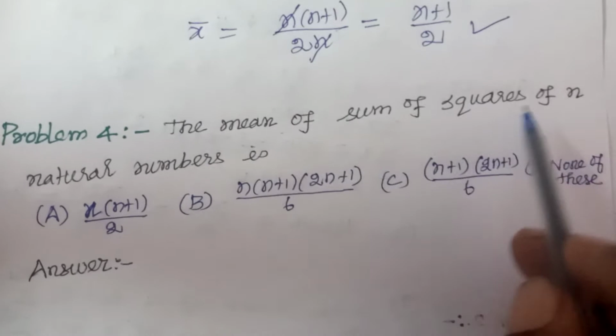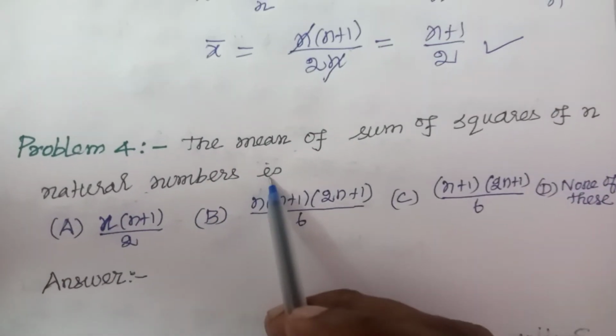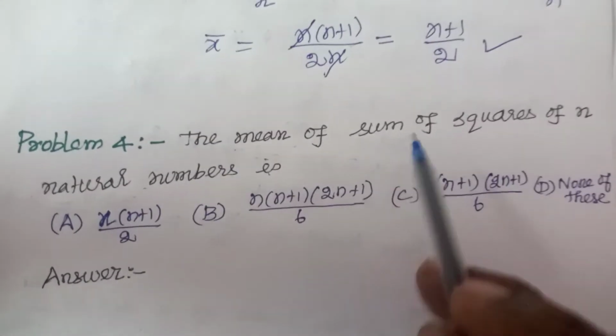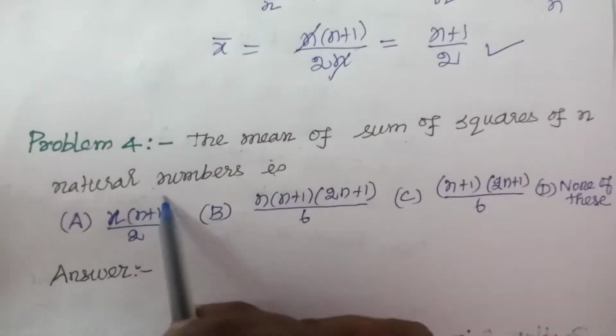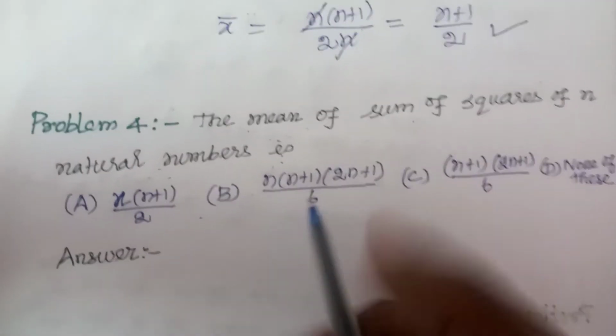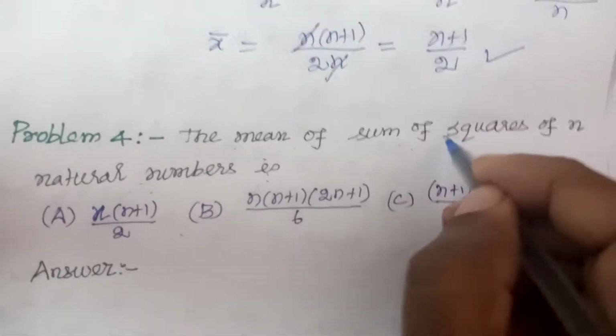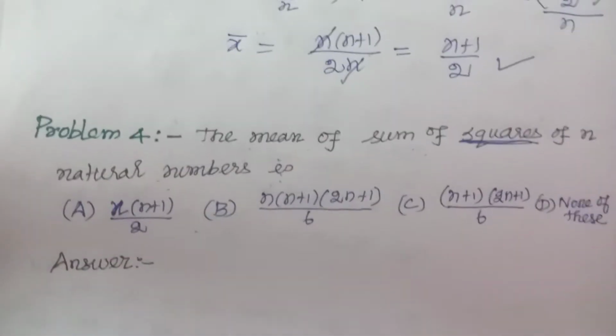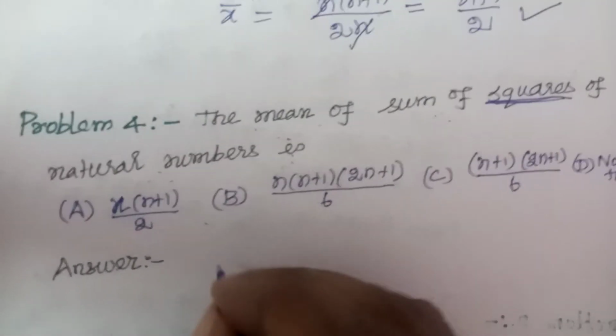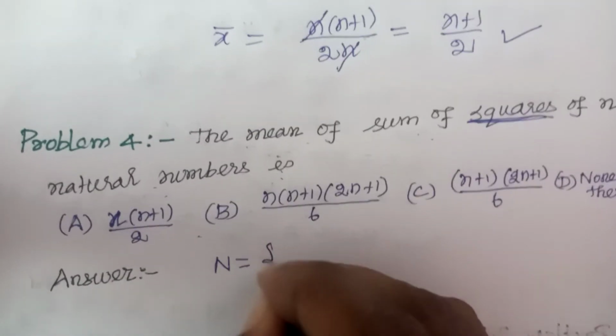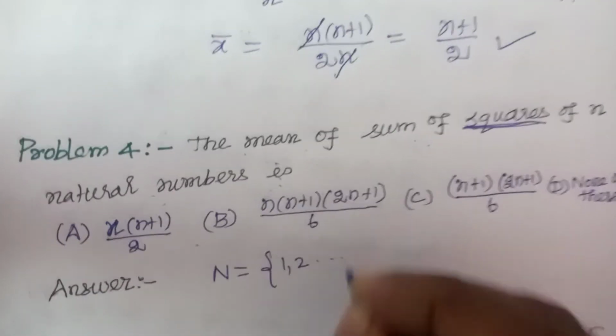The mean of the sum of squares of n natural numbers is, the options are given. Now see, the n natural numbers are 1, 2, 3, etc. n.